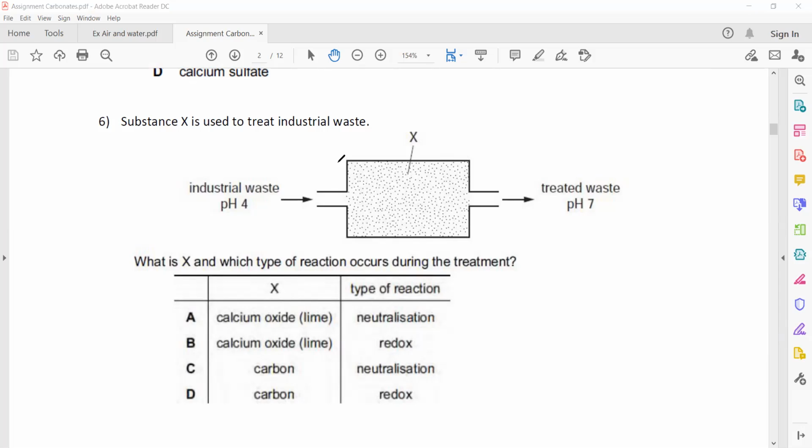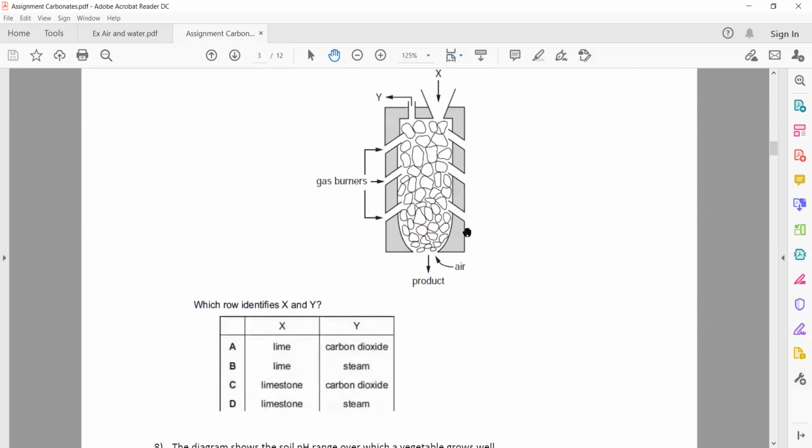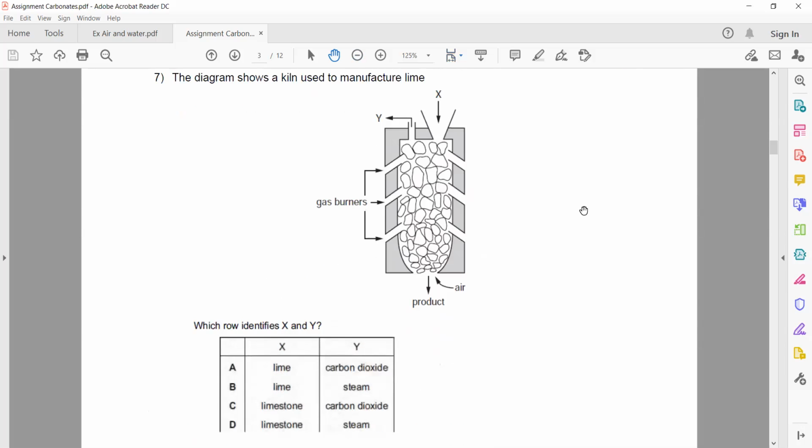So calcium oxide, because it is a basic oxide and it is neutralizing the acid waste, so A is the right answer. The diagram shows a kiln used to manufacture lime. Which row identifies X and Y?